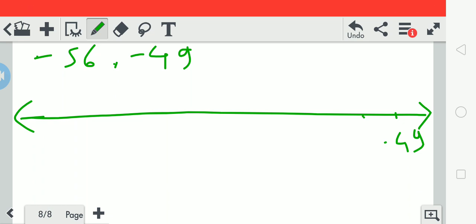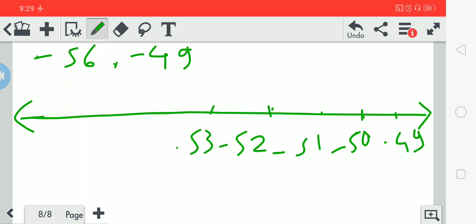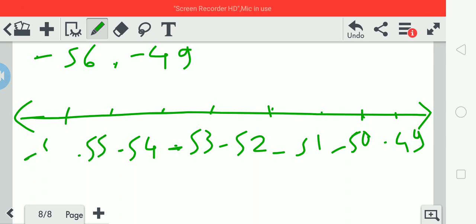I will start from -49 itself, -50, -51, -52, -53, -54, after that -55, and it is -56.